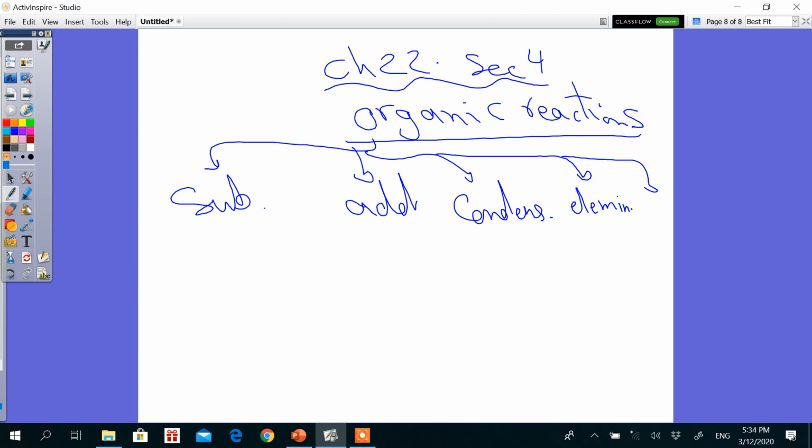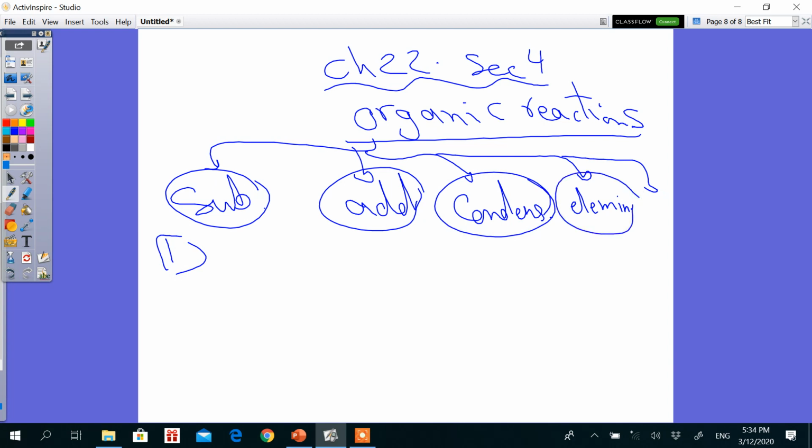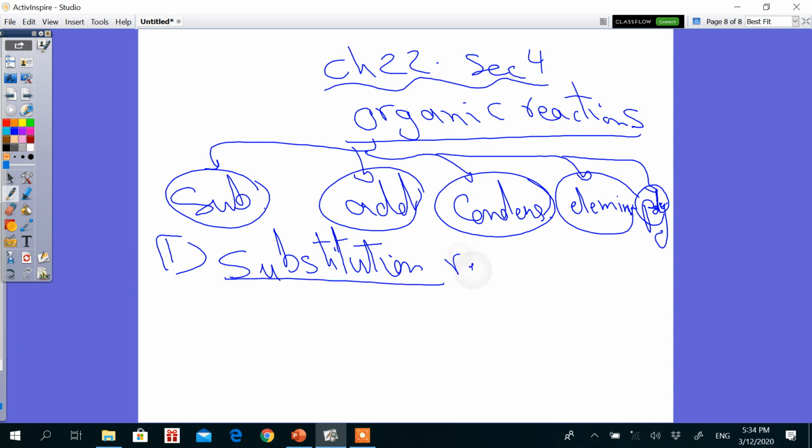So what about the substitution reaction? We will take the first. We have substitution, addition, condensation, elimination, and polymerization reactions. So we will begin with substitution reactions.